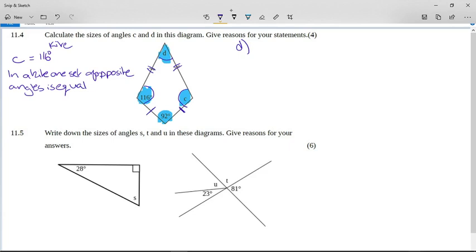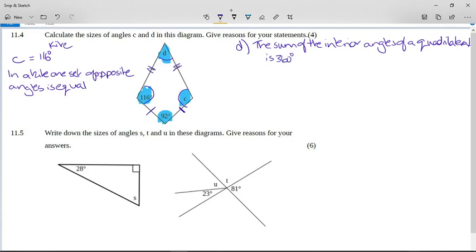And what do we know about quadrilaterals? We know the sum of the interior angles of a quadrilateral is 360 degrees. Remember the rule, get your mark.